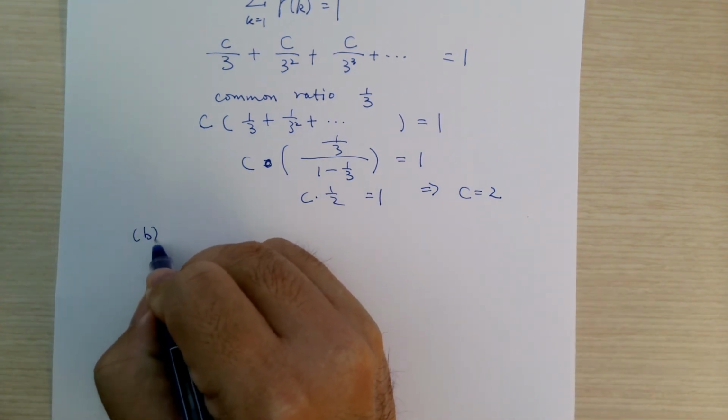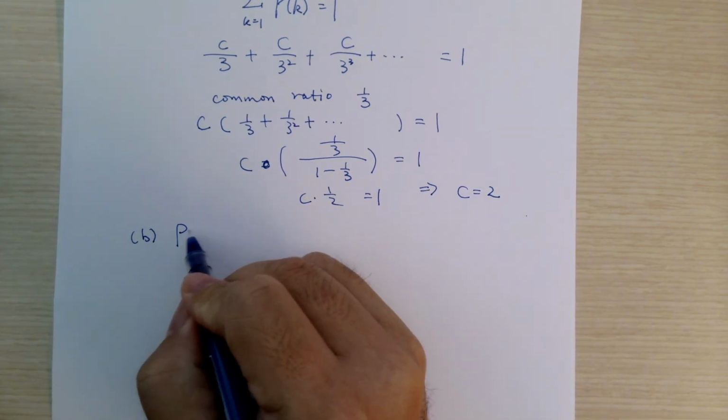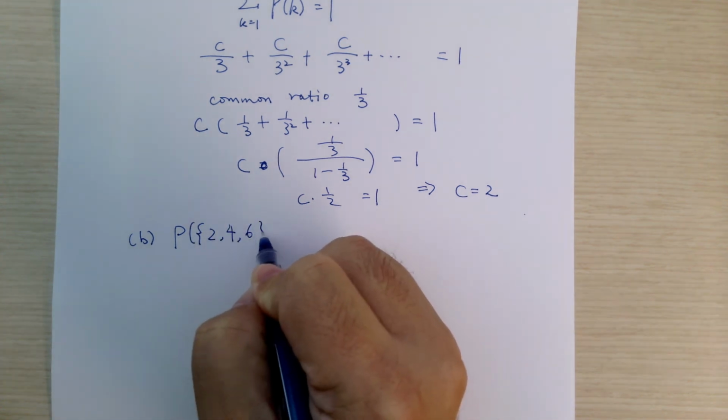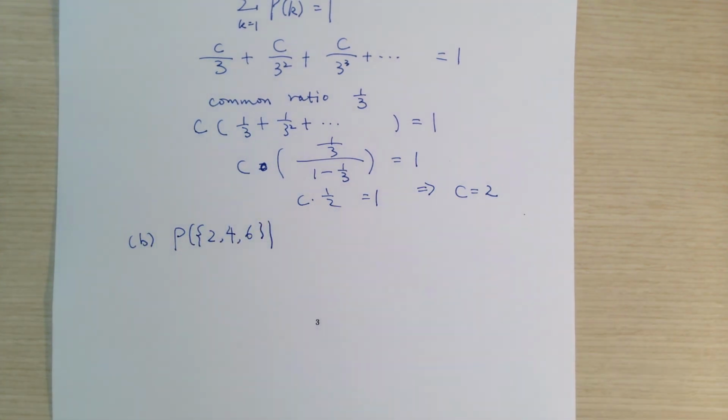Part B, find the probability of {2, 4, 6}.